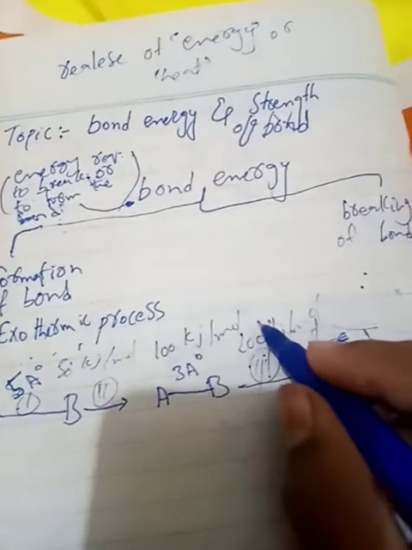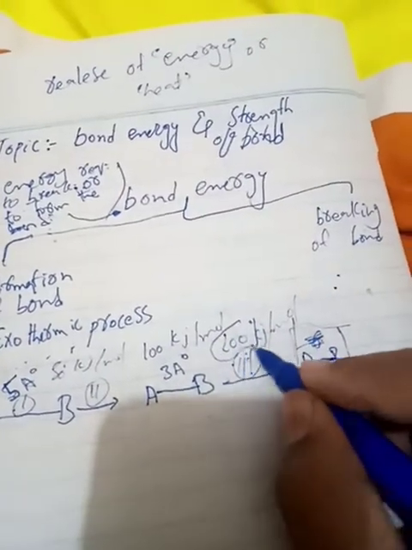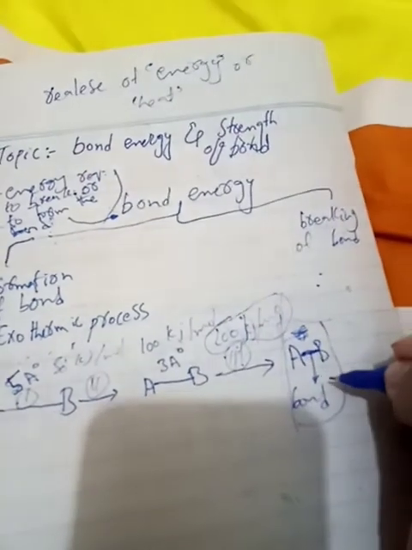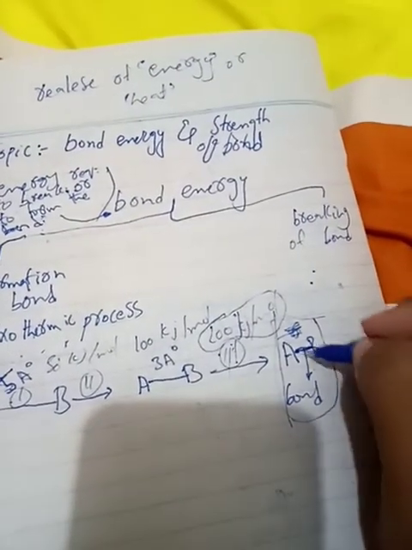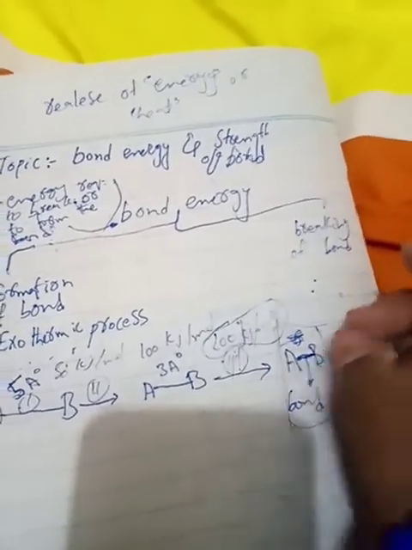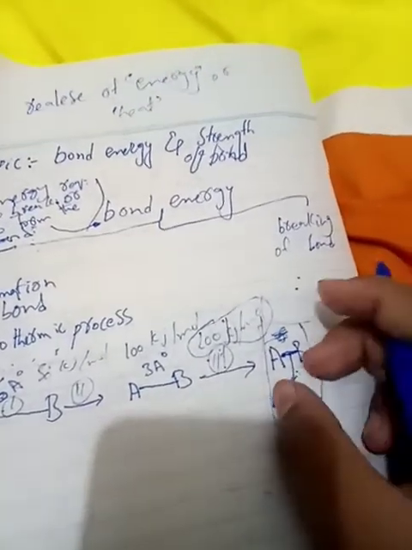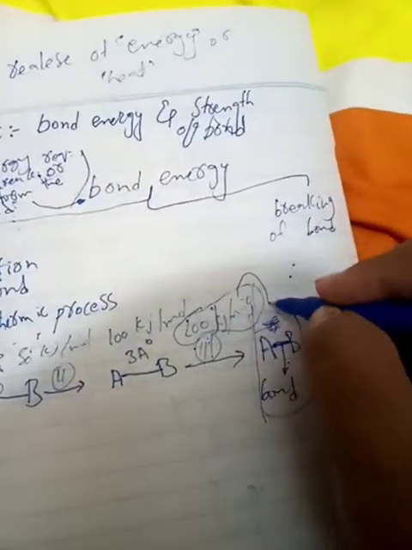But in the end the bond formed after giving the energy of 200 kilojoule per mole. So this energy will be called the bond energy of atoms A and B, of AB, which is bonded.